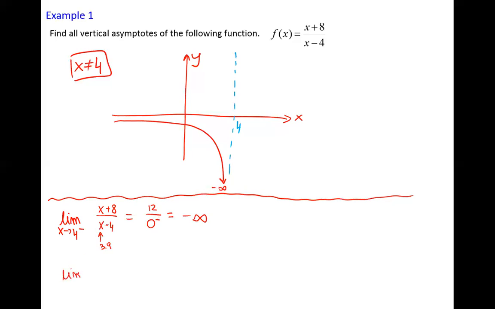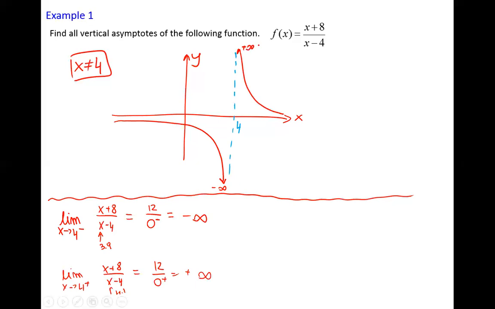And I'm assuming, since everything sounds so simple, on the right hand side, the limit is still positive, but this will be like 4.1. 4.1 minus 4 is positive number, positive infinity. That means function will go up, right? Positive infinity.